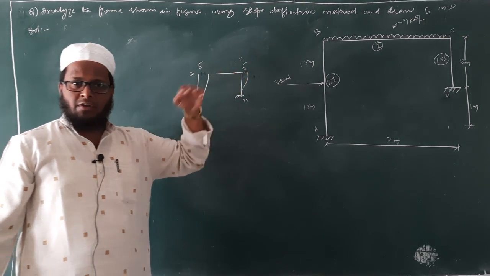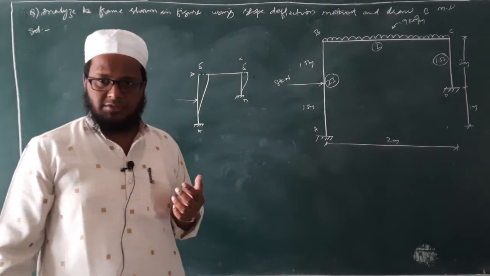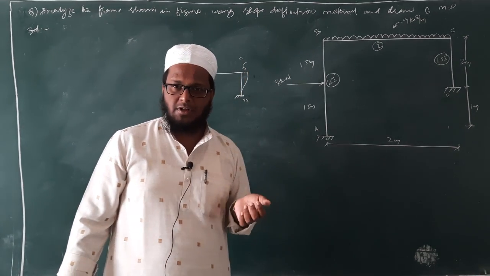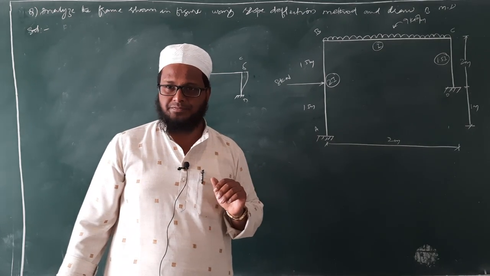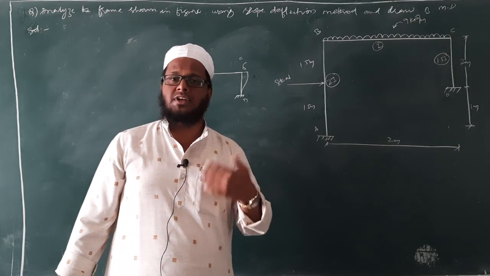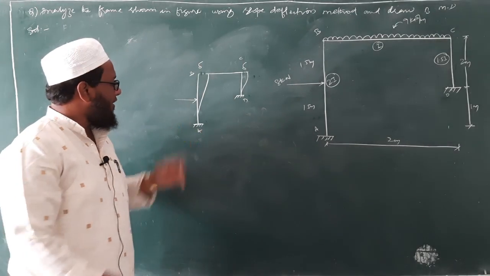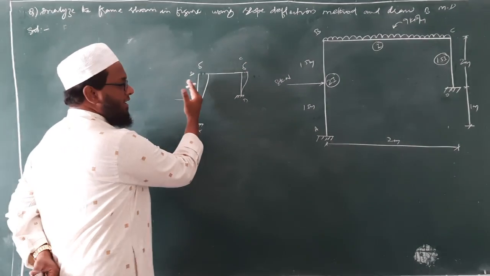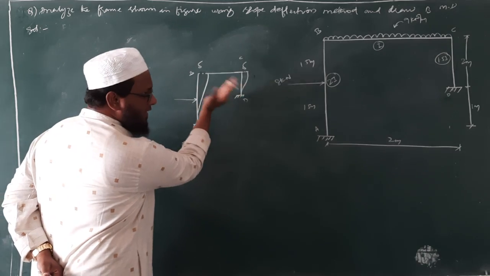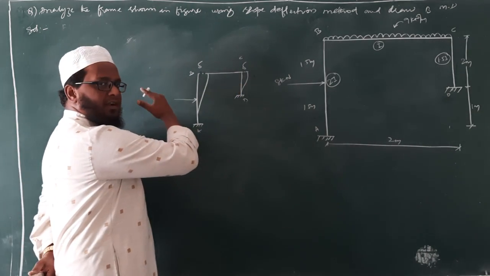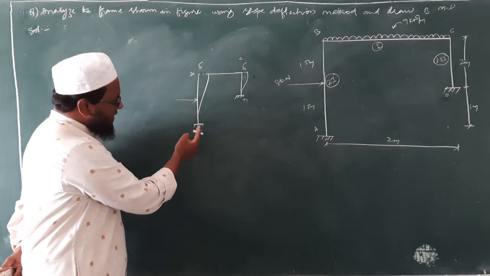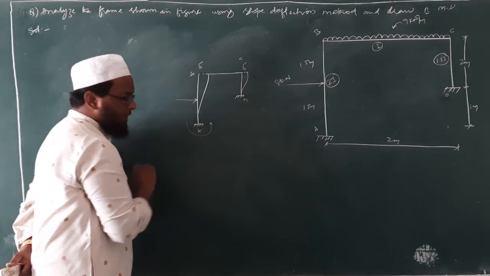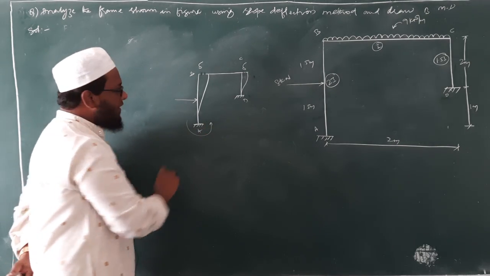So when we recall sinking of supports, we used to get extra moment, isn't it? We used to get extra moment in which direction? Since the span AB is getting deflected in a right direction, because of the right deflection, this support will have extra anti-clockwise moment.